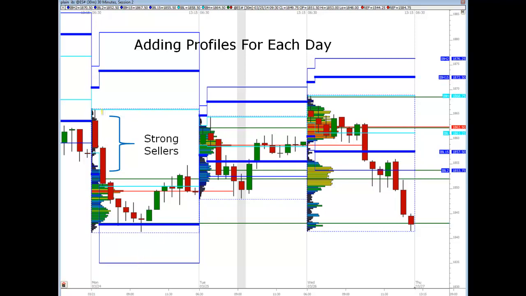Notice here on the very first profile, we have talked earlier about strong sellers, but it's quite visible here on the profile. Look at how there is really very little development as these two candles and the prices drop, indicating there wasn't really any resistance. No one was able to stand in the way of the sellers in this area, and it shows the strong selling activity that we alluded to earlier.